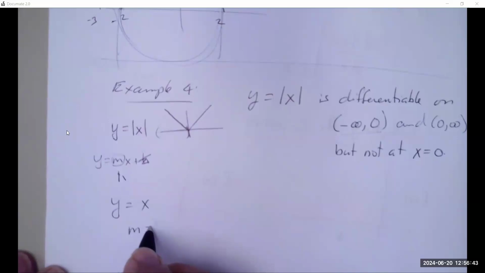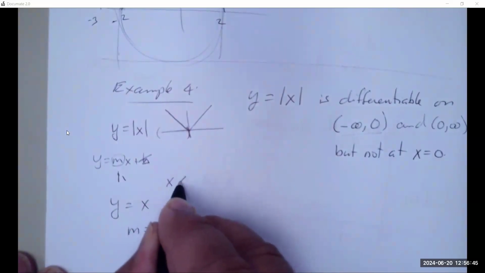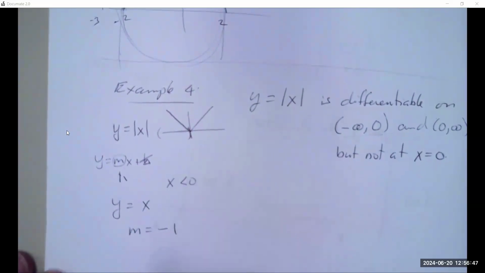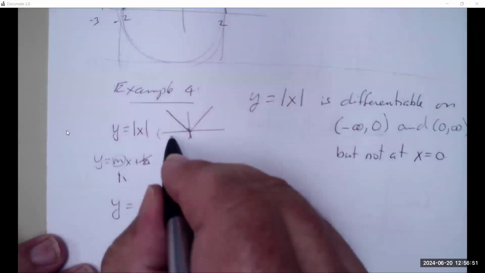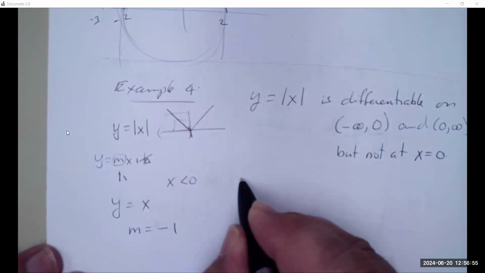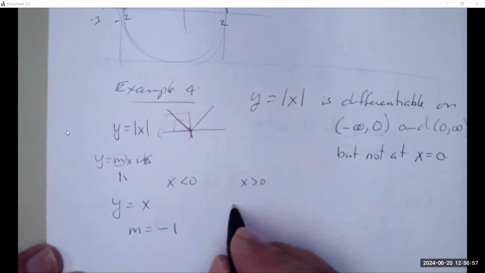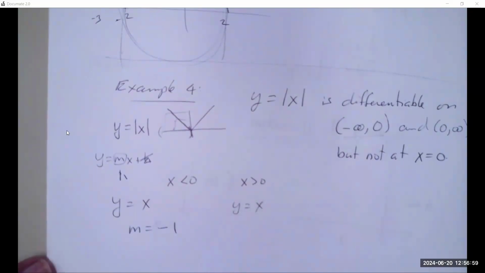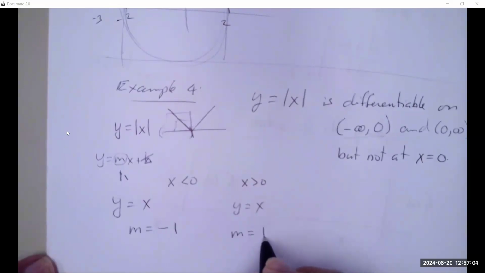The slope, if x is less than 0, the slope is -1. When x is 1, y is 1, and so on and so forth. If x is greater than 0, the slope is +1.